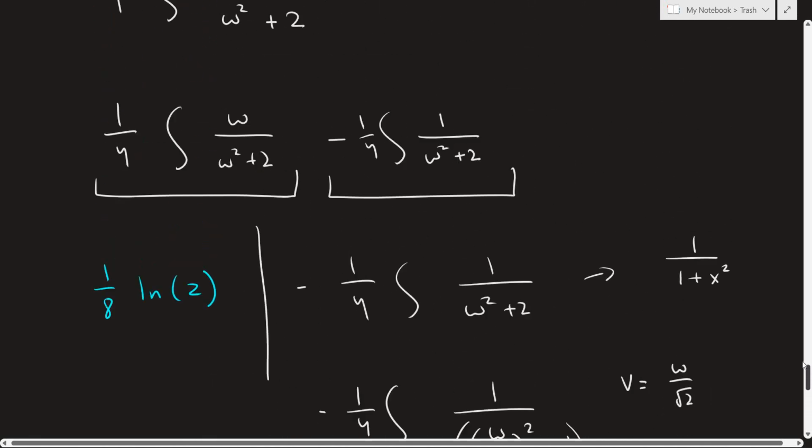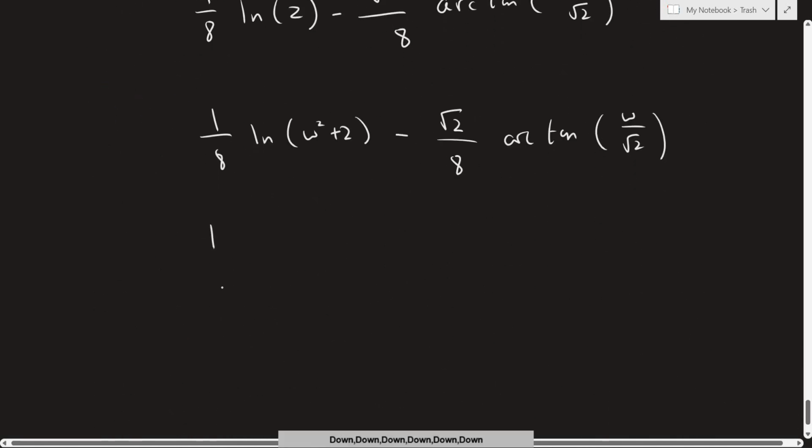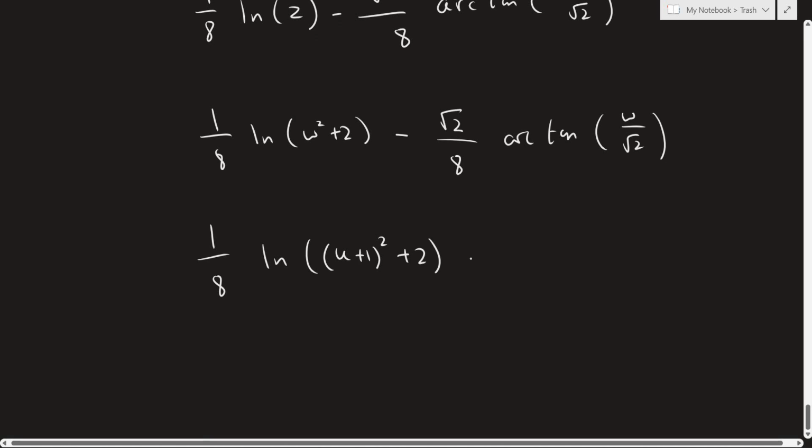What did we choose w to be? u plus 1. So it's going to be 1 over 8 ln of u plus 1, remember, only instead of the w, to the power 2 plus 2. Then minus radical 2 over 8 arctangent of w over radical 2, so w is u plus 1 over radical 2.